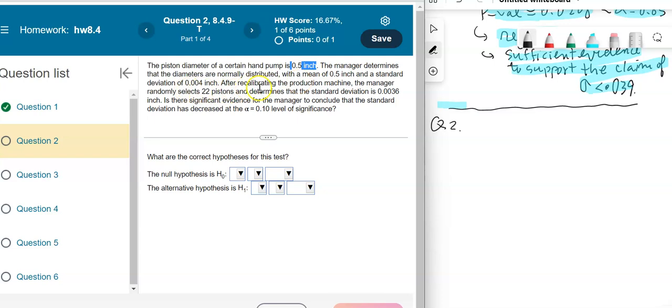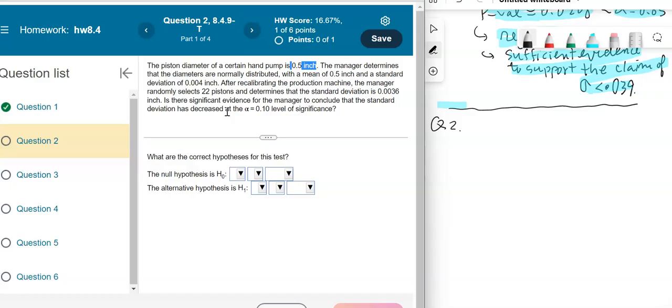After recalibrating the production machine, the manager randomly selects 22, n equals 22, and determines that the standard deviation is 0.0036. Is there sufficient evidence for the manager to conclude the standard deviation has decreased?